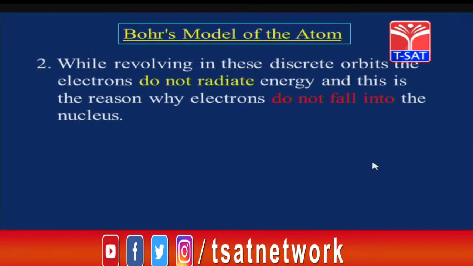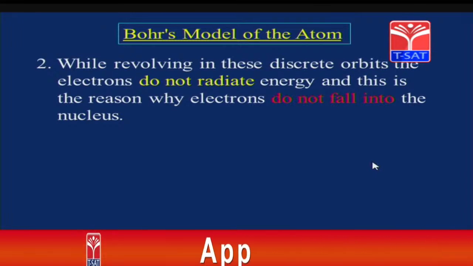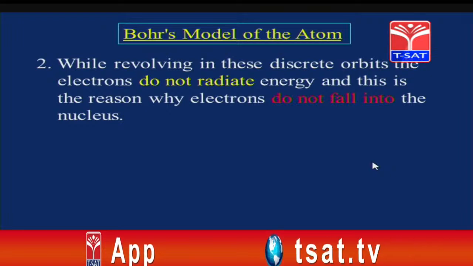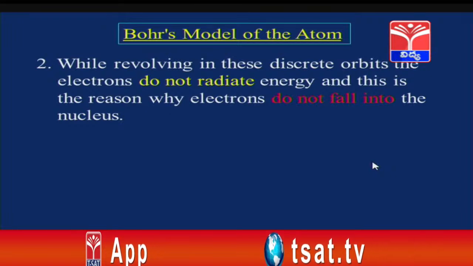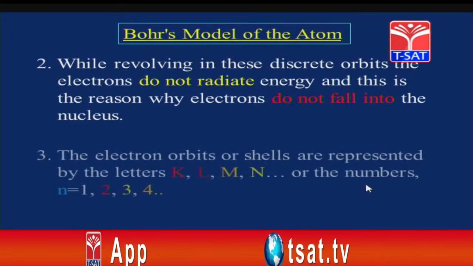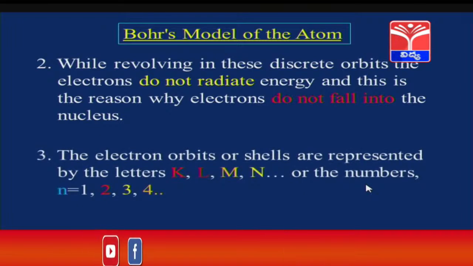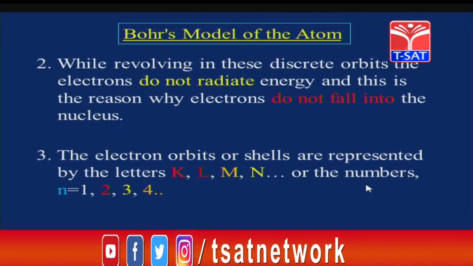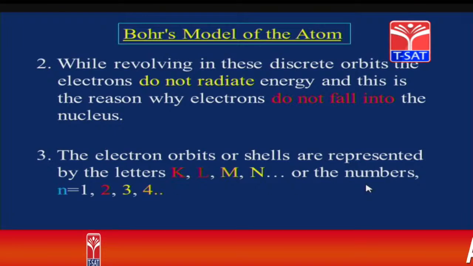While revolving in these discrete orbits, the electrons do not radiate energy, and this is the reason why electrons do not fall into the nucleus. The electron orbits or shells are represented by the letters K, L, M, N, or the numbers n equal to 1, 2, 3, 4.